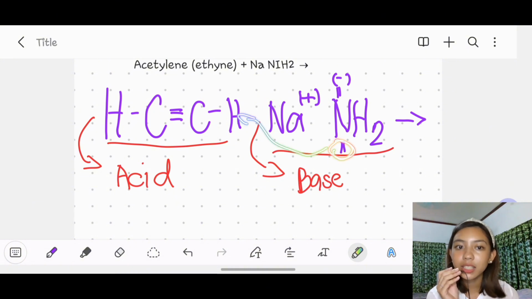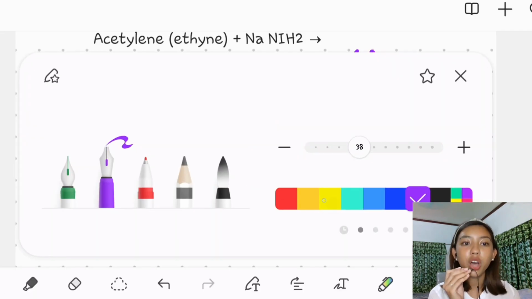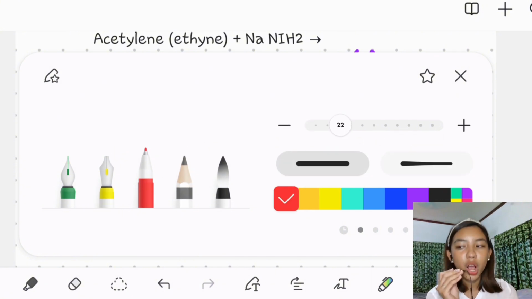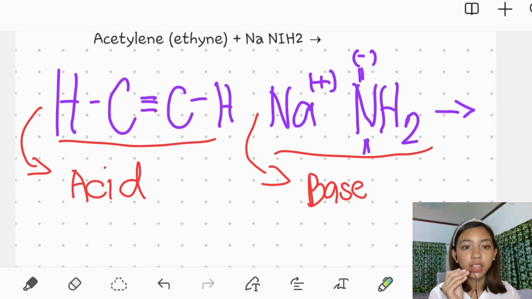Now, acetylene is not particularly acidic, but it is reactive enough to donate a proton. Its pKa is around 25, which is significantly acidic compared to most hydrocarbons.